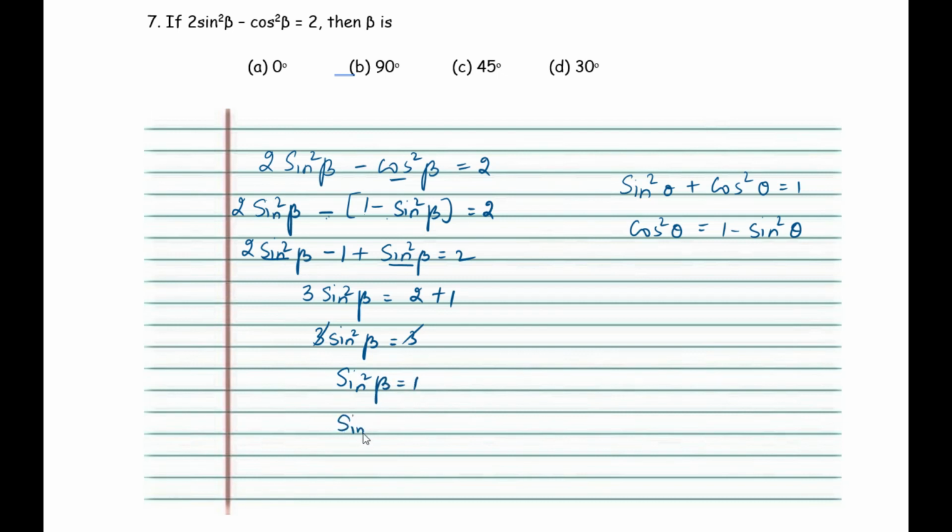Now on the RHS, I can write 1 as sine 90 degree. The standard angle sine 90 degree equals 1. Therefore, beta will be equal to 90 degree. Therefore, the correct answer is option B, 90 degree.